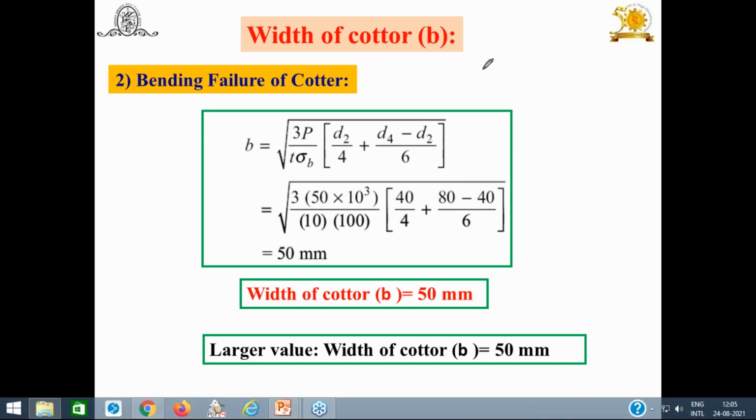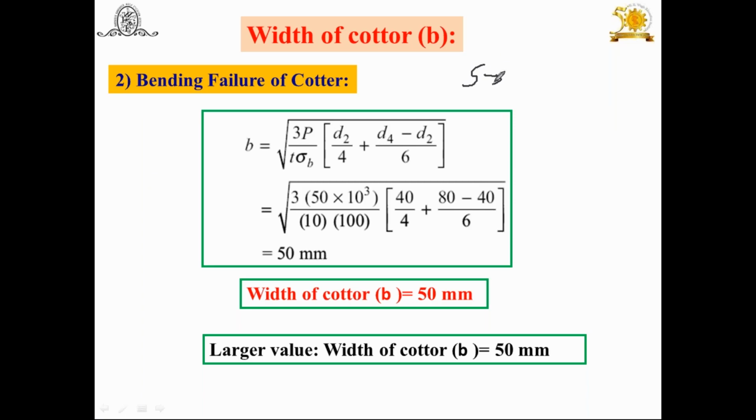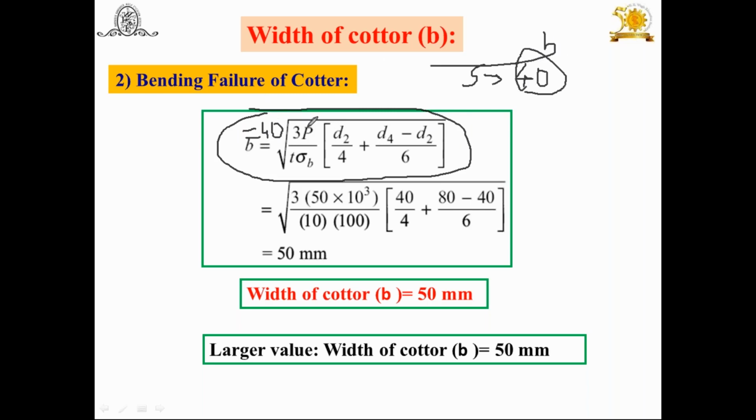Another approach I would like to discuss is against shear failure. Suppose you have calculated B as 40. By using the relation against bending failure, you can substitute B is equal to 40 and P is equal to 15 into 10 raised to 3 Newton.